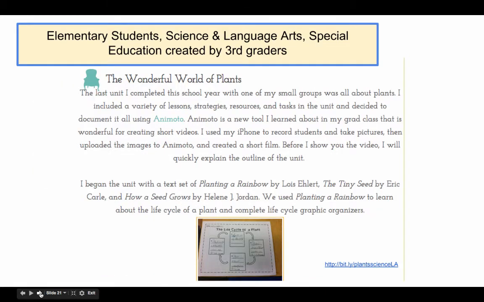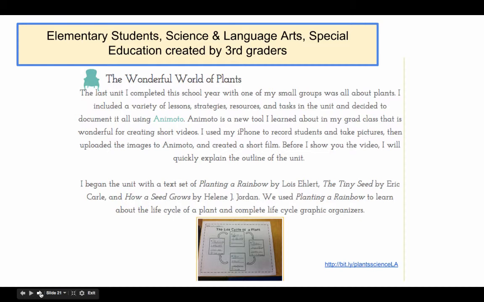This is a case of a special ed teacher doing a unit with her students that would come to her for breakout time, and they were doing a unit on growing plants from seeds, and it's a multi-layered lesson, as you can see. So the unit did start off with the students reading books about growing plants, and in this case we were reading a book by Eric Hall and another book by Helene Jordan.